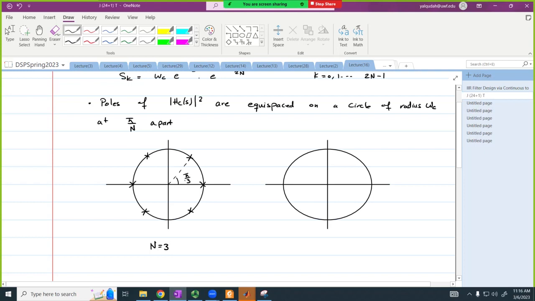If I were to plot it when n is equal to 4, I'm going to have a pole here, here, here, and here, and this angle is π over 4. This is the s-plane. Together? Make sense?